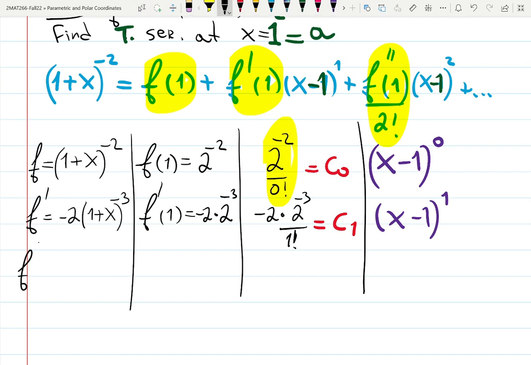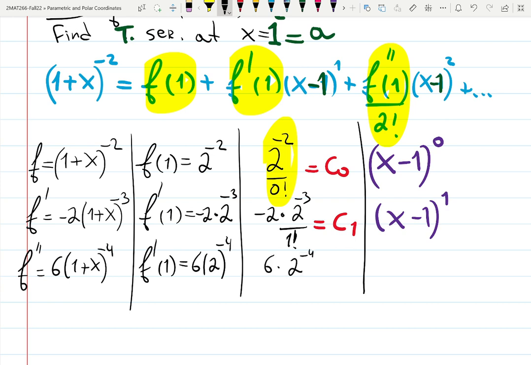Second derivative is minus 2 times minus 3, 6, 1 plus x to the minus 4. When you plug in 1, it will be 6 times 2 to the minus 4, and now you see the pattern. 6 times 2 to the minus 4 divided by 2 factorial. That is c sub 2 and will be multiplied by x minus 1 squared. And let's keep going.